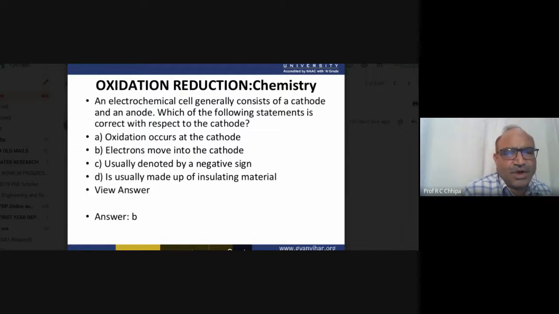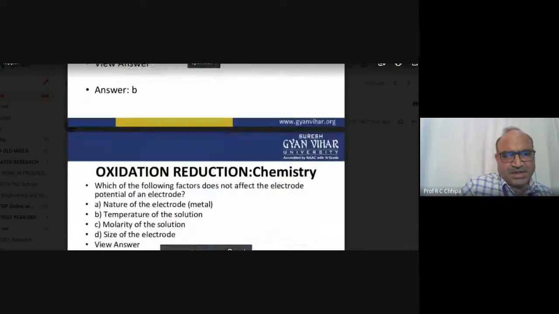Oxidation occurs at the cathode; electrons move into the cathode; it is usually denoted by the negative sign; it is usually made up of an insulating material. The correct answer is B: electrons move into the cathode. So that is supported specifically, and the correct answer is B.